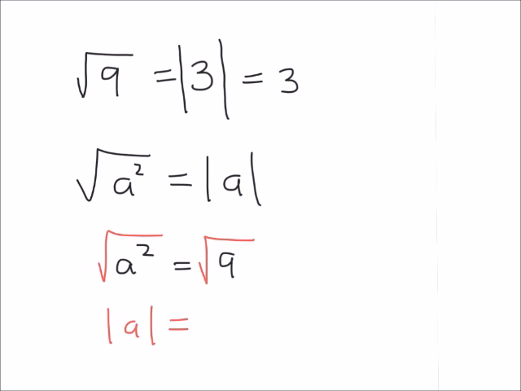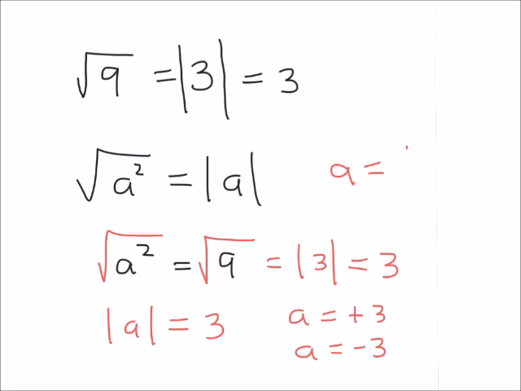And we also know that the square root of 9 is equal to the absolute value of 3, which indeed equals 3. So now we know that the absolute value of a equals 3. Well, therefore, a can equal plus 3 or a can equal minus 3 or negative 3. So this is where we get that nomenclature where we would say a equals plus or minus 3.